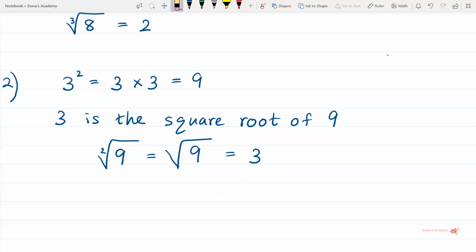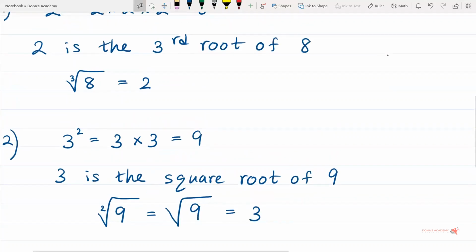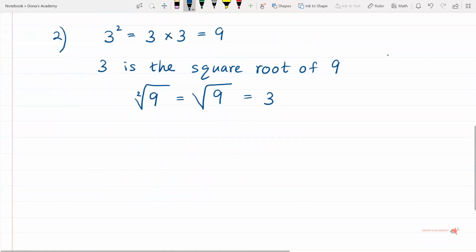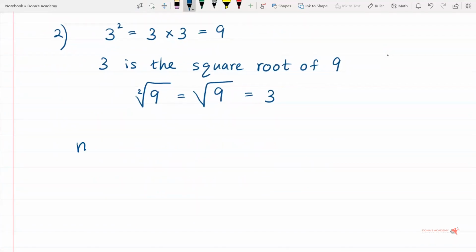Okay. So now we have talked about 2 examples for radicals. Now let me explain the general definition and general notations. We take a positive integer n.